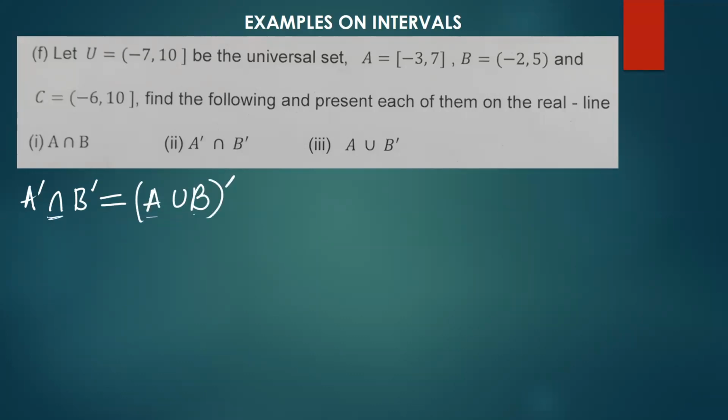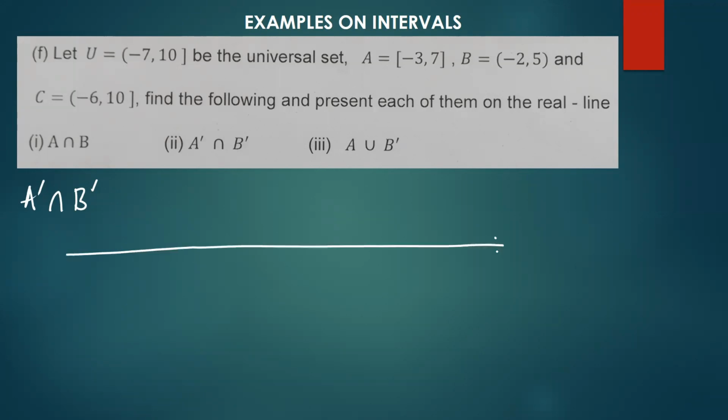Or the best way, you can simply draw the two sets on the real line, and then shade where the lines are going to be meeting. That is the intersection. So I'm going to draw the real line there. I'm going to put the numbers which are important.